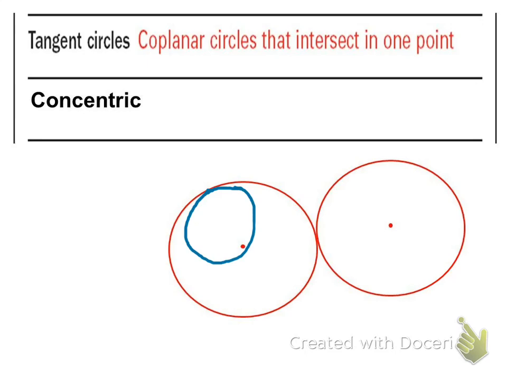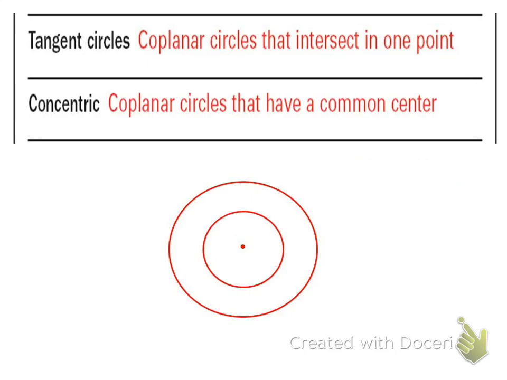Concentric. Concentric circles are circles that are coplanar and have a common center point. In other words, they have the same center point. Kind of reminds me of a dartboard. Dartboard has several concentric circles. What is the center point of those concentric circles? The bullseye. Okay, so it kind of looks like a dartboard.